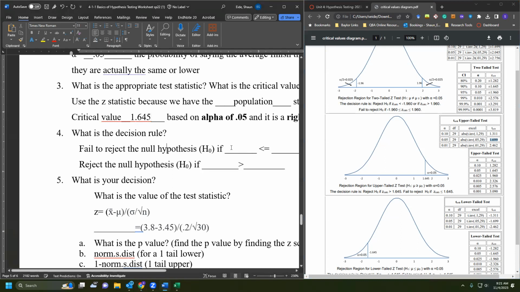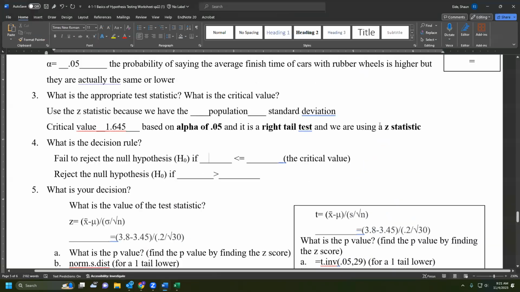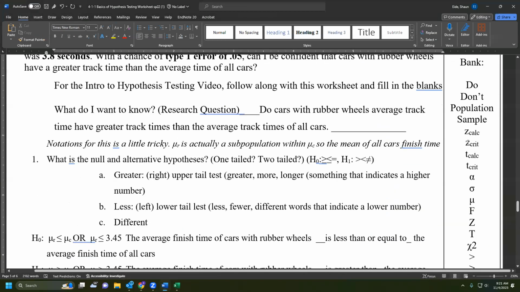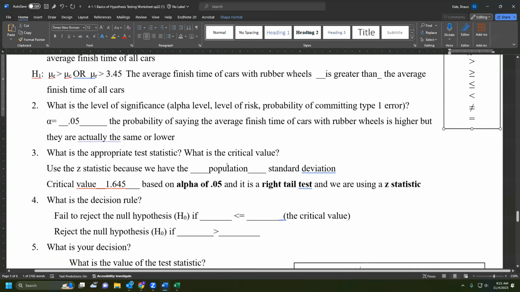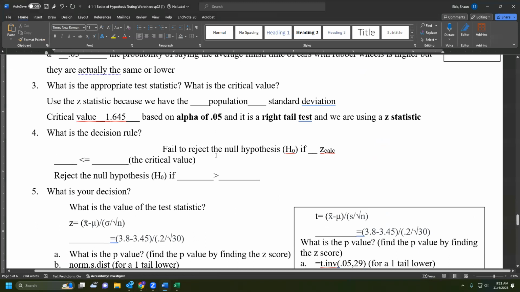So what is the decision rule? The decision rule is, and this is very important here, the way that we're going to write this, it says z calc. We're going to be comparing z calc, because just in a minute we're going to calculate the z calculated value.